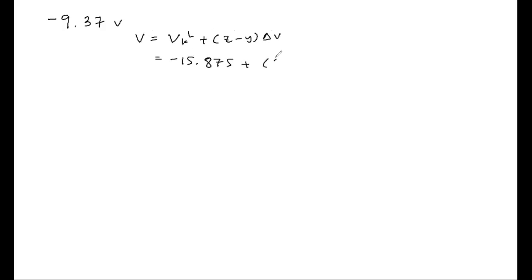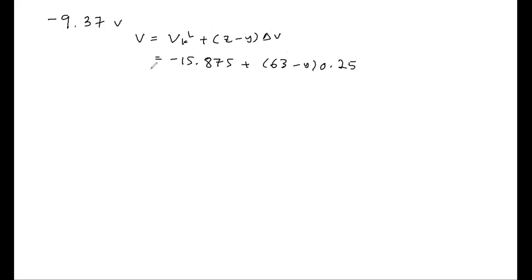Next, given our voltage is equal to minus 9.37 volt, we use voltage equal to VKL plus Z minus Y times delta V. So our VKL is minus 15.875 plus 63 minus Y times 0.25.